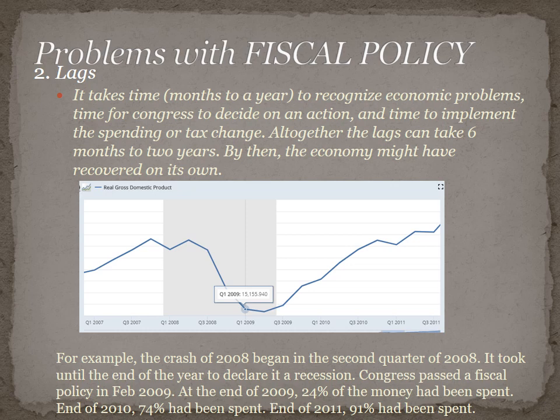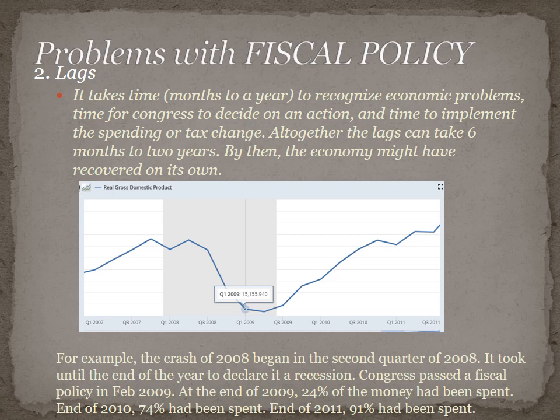And so Congress started the process of passing this fiscal policy much sooner than they normally can. So the lags were much shorter in this case than is usual for a fiscal policy, because usually it takes at least 6 months to be really sure about a problem.